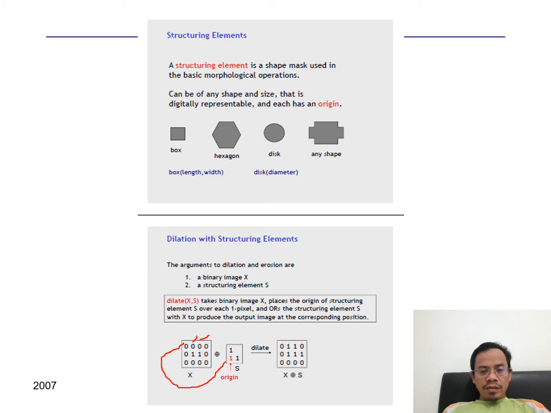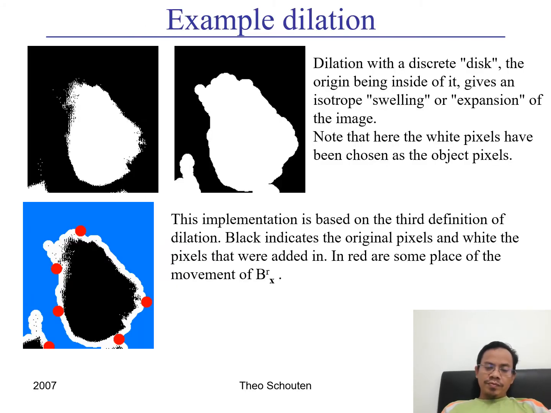But if this one masks into 1 here, then add the structuring element 1 and 1. That's why you get this expansion. Another one, then you add this one and 1 here, then you get another expansion. So this is how the dilation performs, right? So this is an example of dilation.